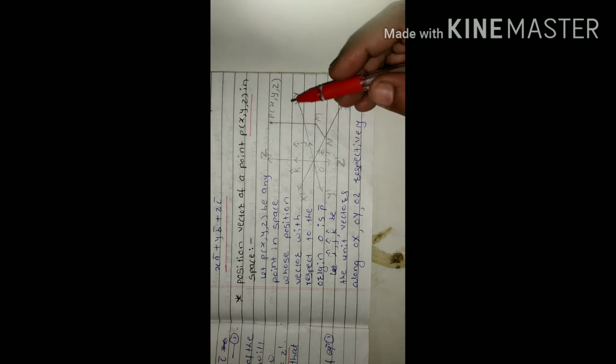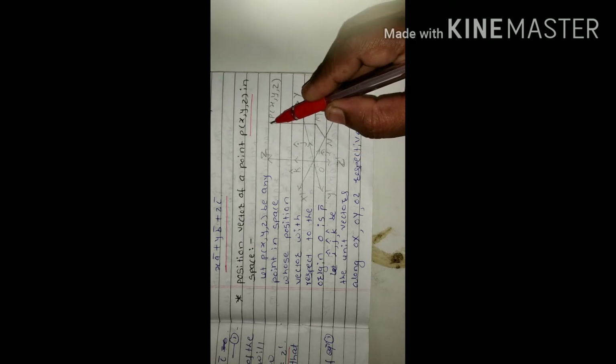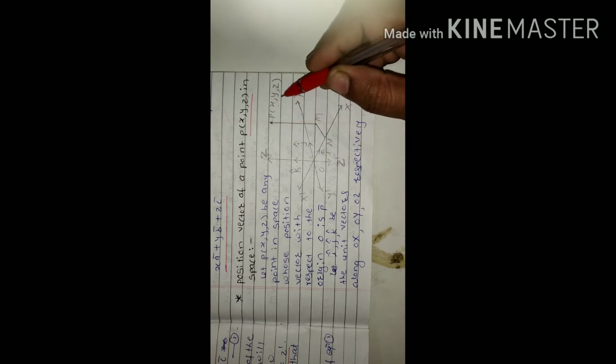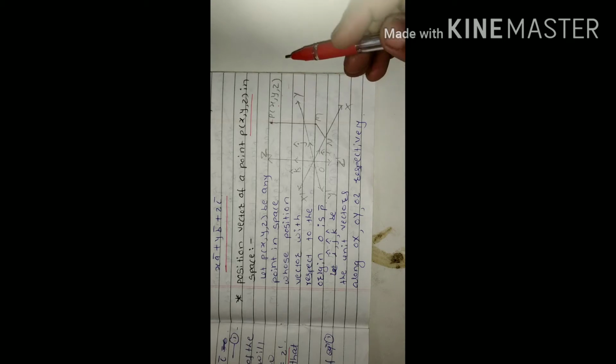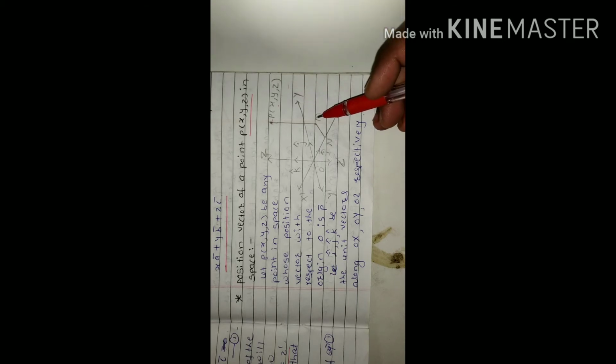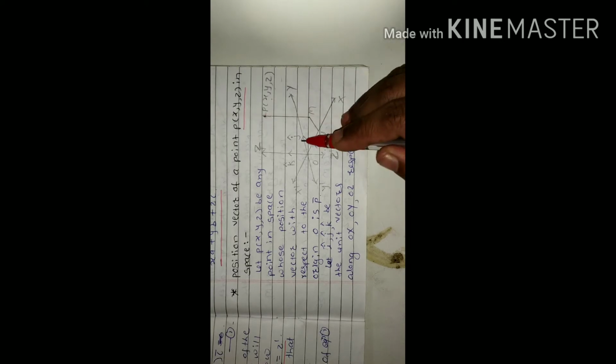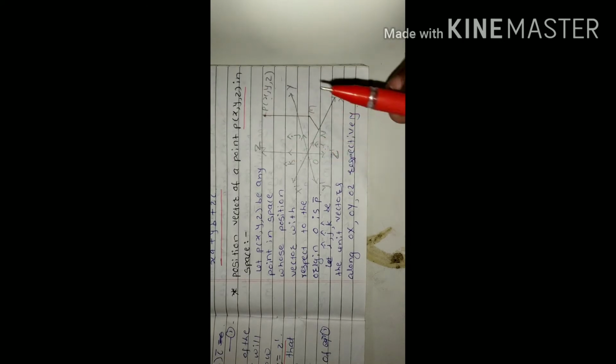We take the point P (x, y, z), with x coordinate, y coordinate and z coordinate, to be any point in space whose position vector with respect to the origin is P bar. The x-axis denotes its unit vector i cap, the y-axis j cap and the z-axis k cap.